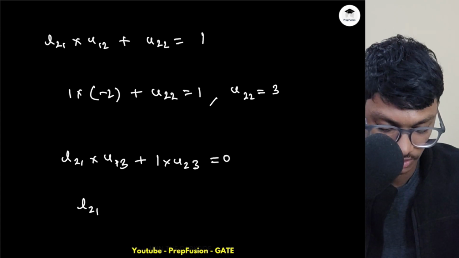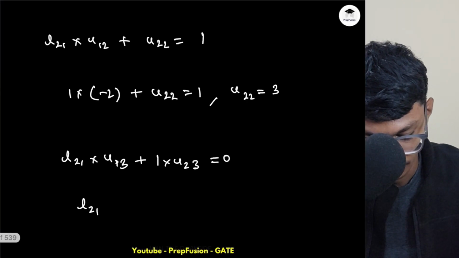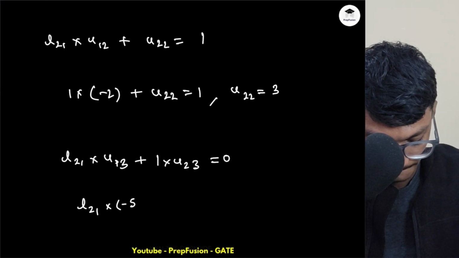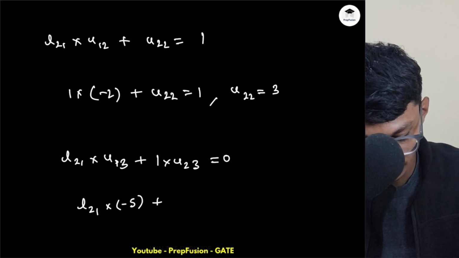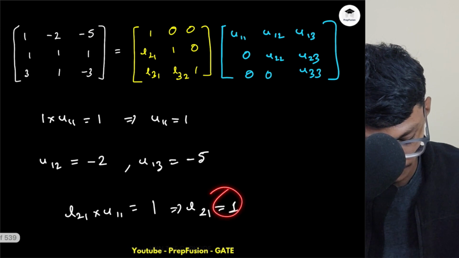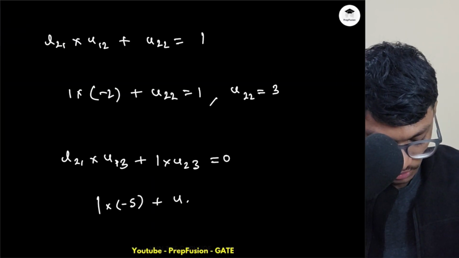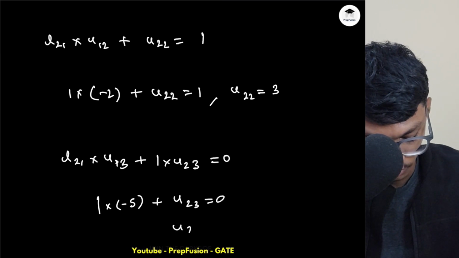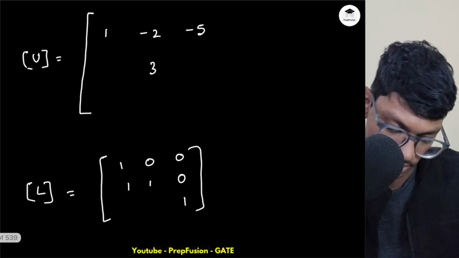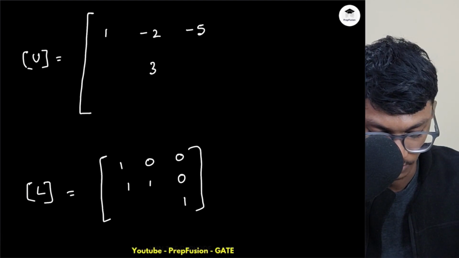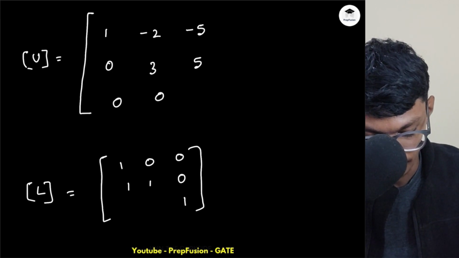U13 is minus 5, so L21 into minus 5 plus U23, where L21 is 1. I need to find the value of U23, so U23 will be equal to plus 5. Okay, so U23 is plus 5, second row, third column. Now this has been filled, and this will be 0 itself for the triangular matrix.